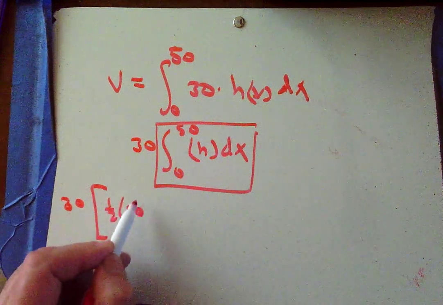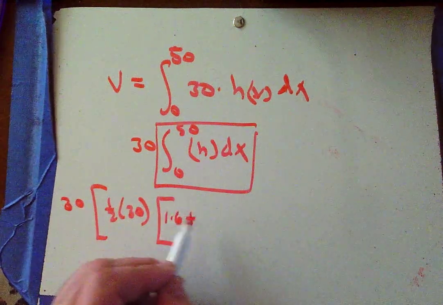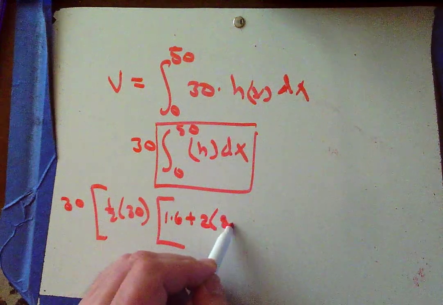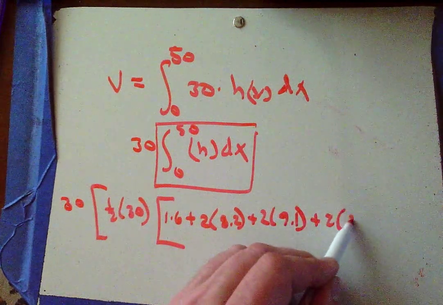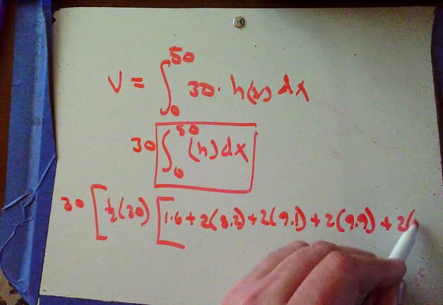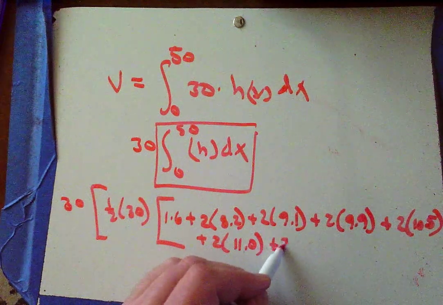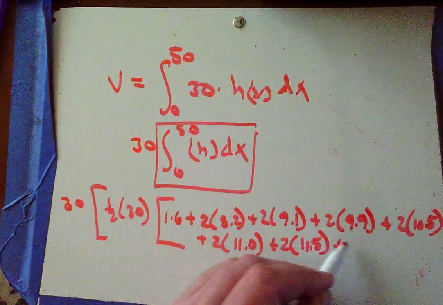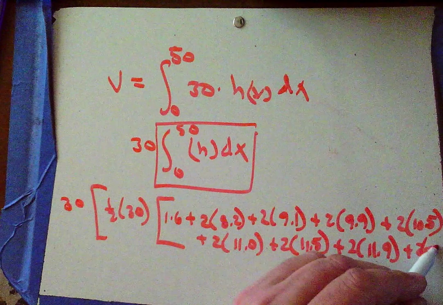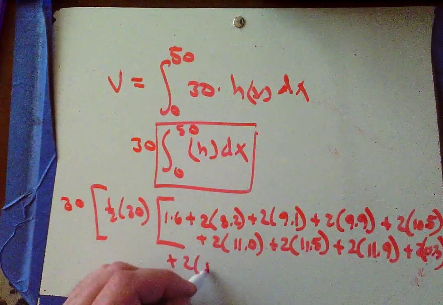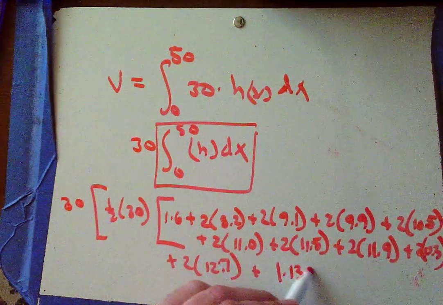1/2 times the subinterval width, and then our shortcut, 1 of the first height, plus 2 of 8.2, plus 2 of 9.1, plus 2 of 9.9, plus 2 of 10.5, plus 2 of 11.0, plus 2 of 11.5, plus 2 of 11.9, plus 2 of 12.3, plus 2 of 12.7, plus 1 times 13.